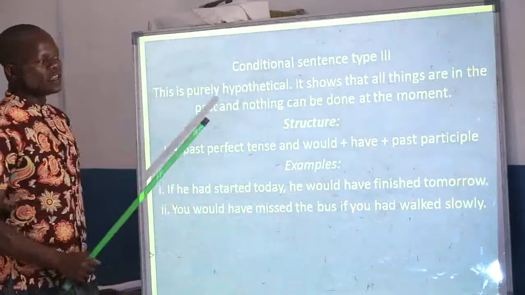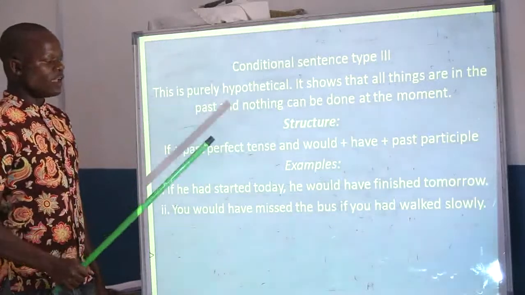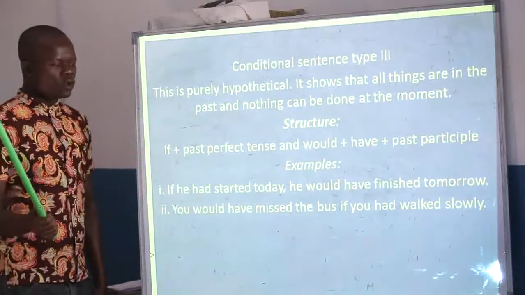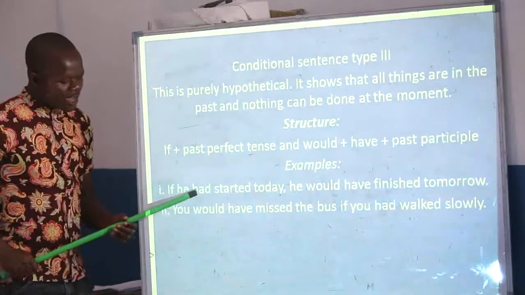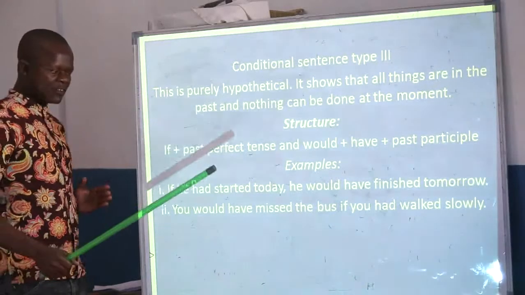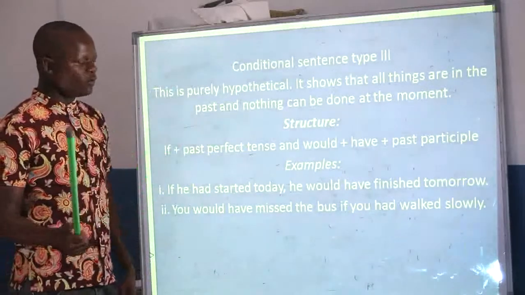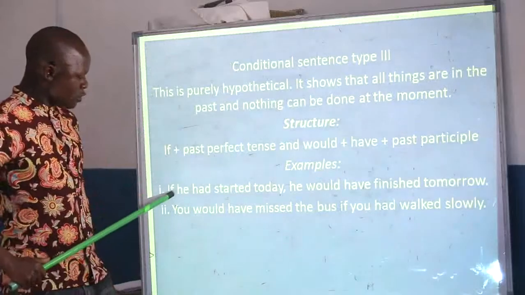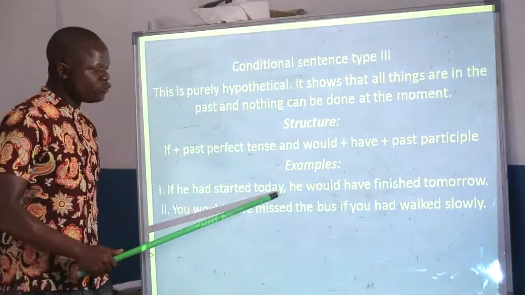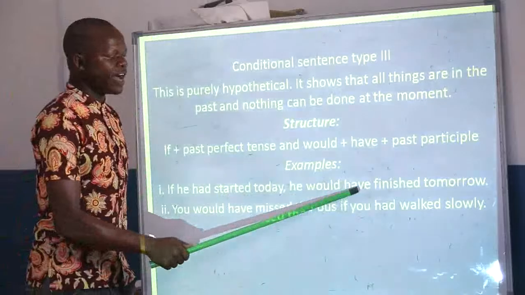So in conditional sentence type 3, dear friends, here is what you need to consider. Once you have used had on the first side, as you can see, if he had started today, what always confuses many pupils is that because I have said if he had started today, you get a pupil coming with had here again.